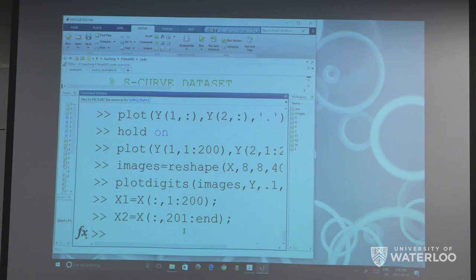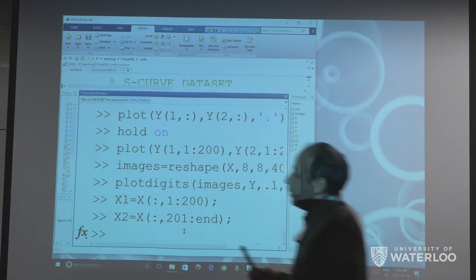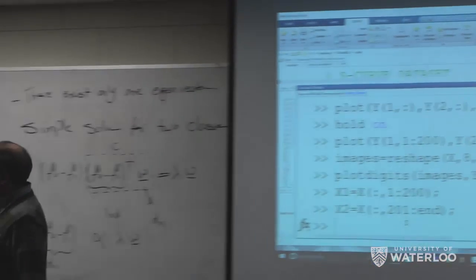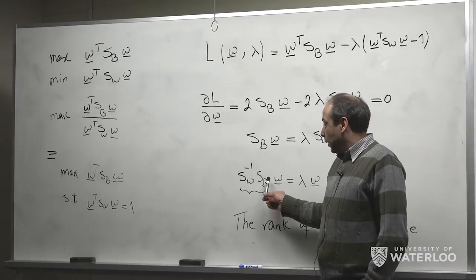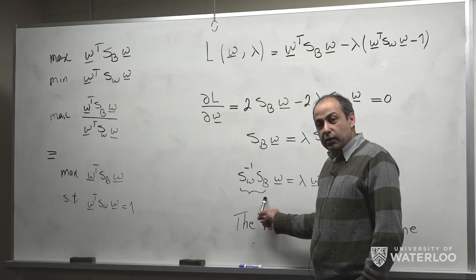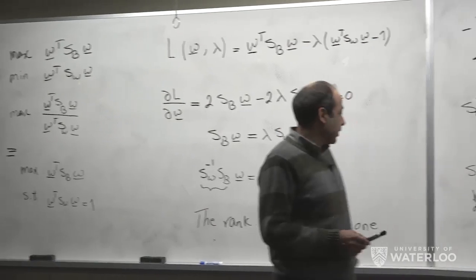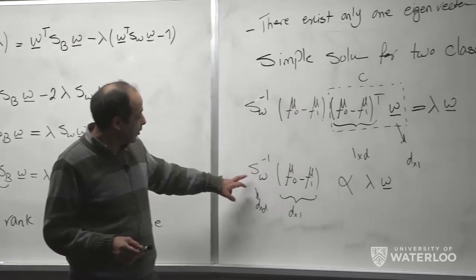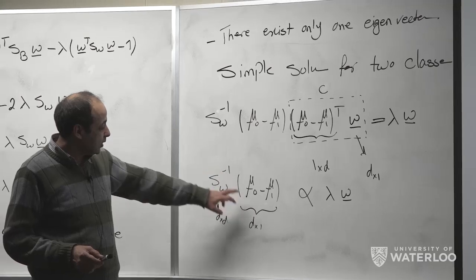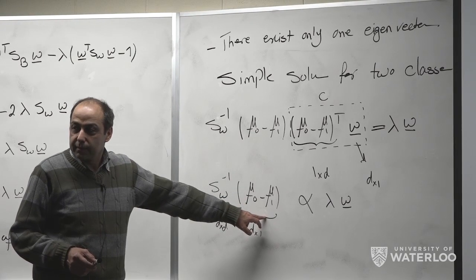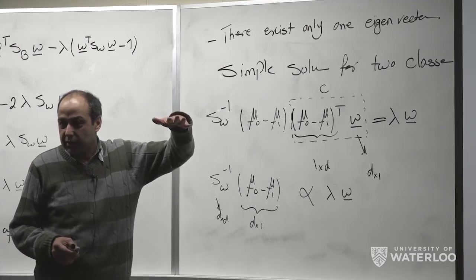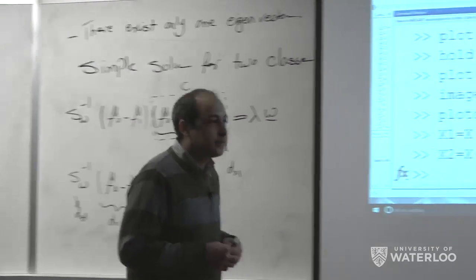What I need to do is compute SW, compute SW inverse, and find the eigenvectors. But in two-class problems, I can do it more easily: I can compute only SW inverse multiplied by mu0 minus mu1, and that gives me the direction of projection.